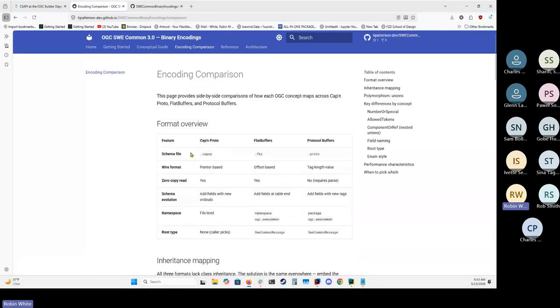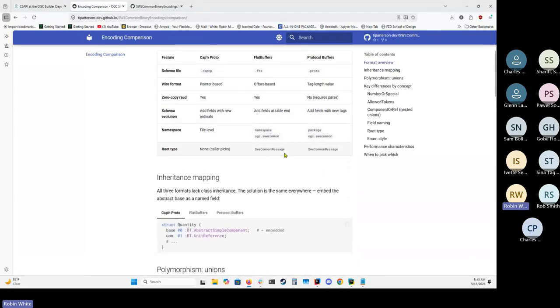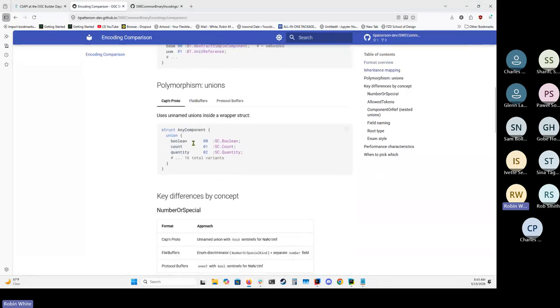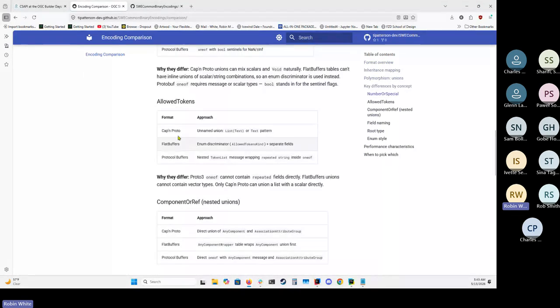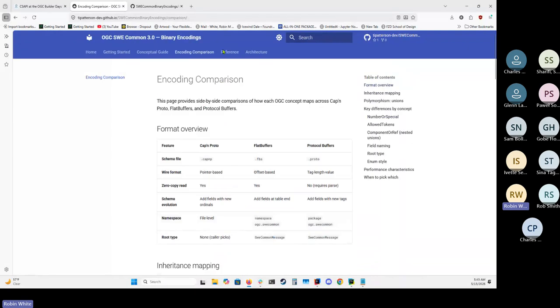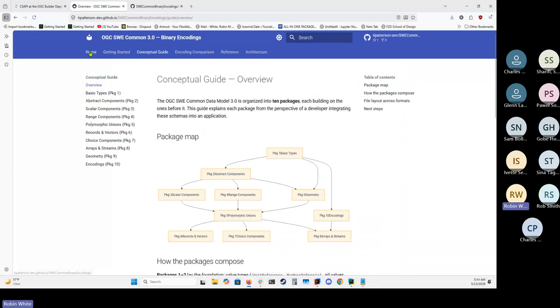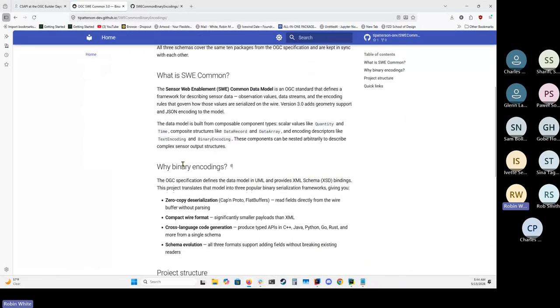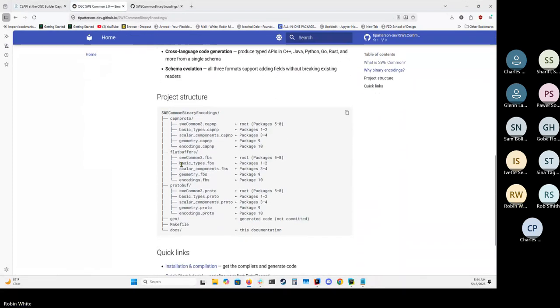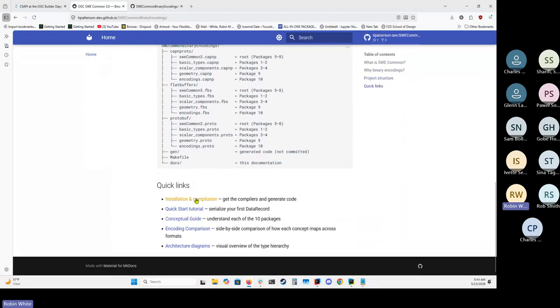It'll also have your encoding comparisons between those serialization options, and it goes into some of the core differences as well. It is a decent sort of guide for what your cost benefit analysis for some of this is.